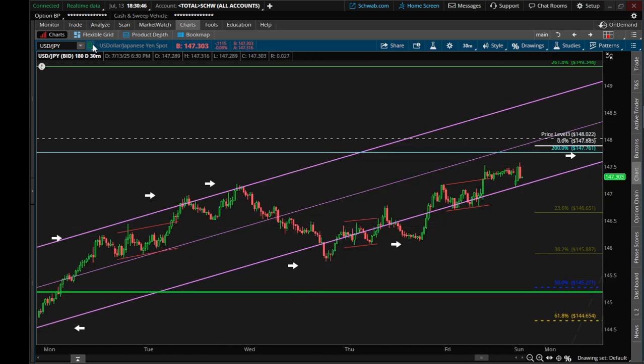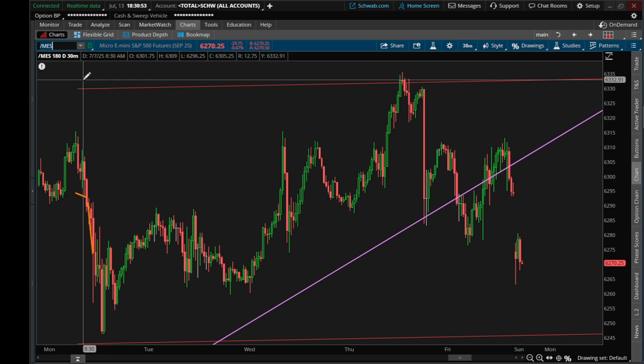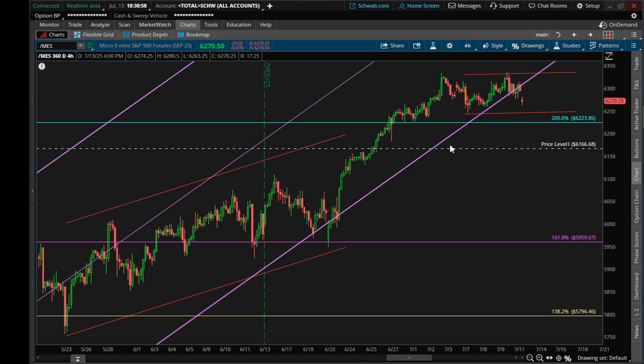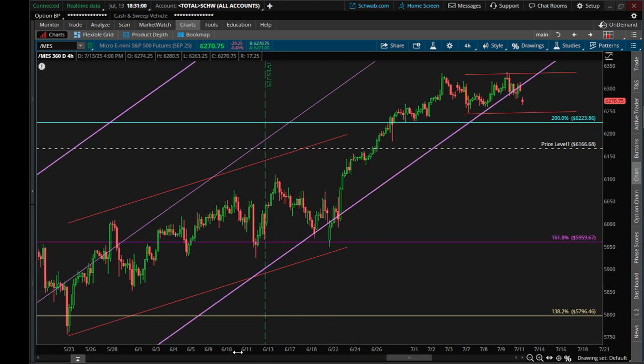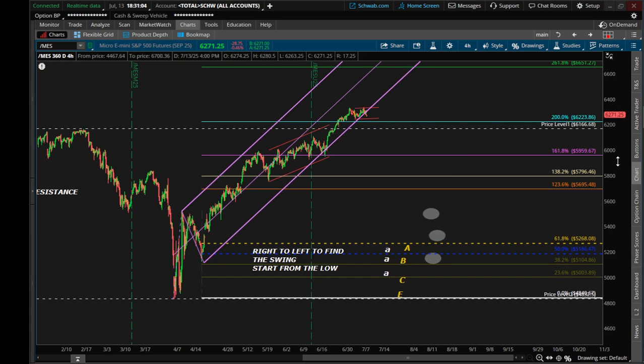So let's finish up on the ES, micro E-mini, and then we're going to do this one on the 4-hour time frame. We're going to read left to right to find our high and low. So this is the 4-hour chart.